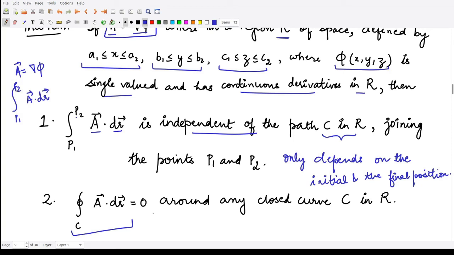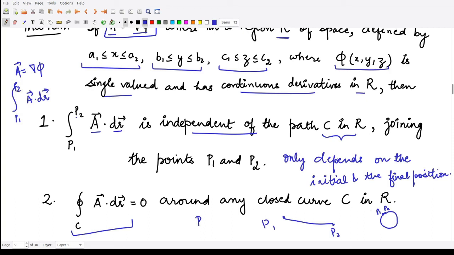Why? Because in this case the point P1 for the closed curve, suppose this is the given curve, this is the point P1, this is the point P2. Now if you make this curve a closed curve, this point is P1, you make it round as a circle so that the point P2 coincides with the point P1, right?